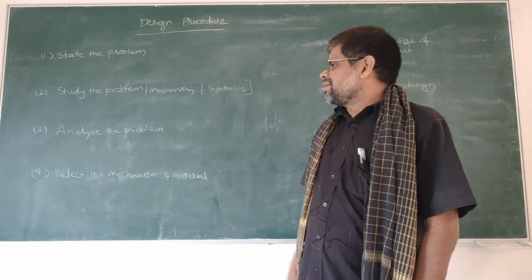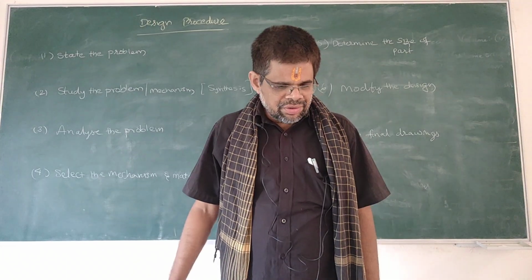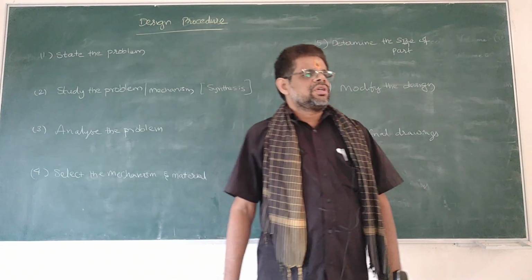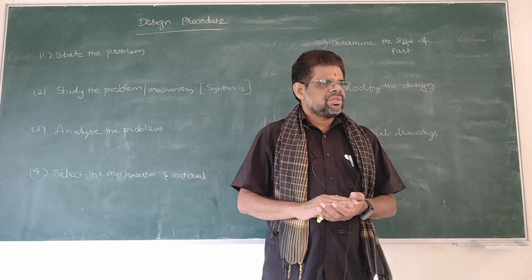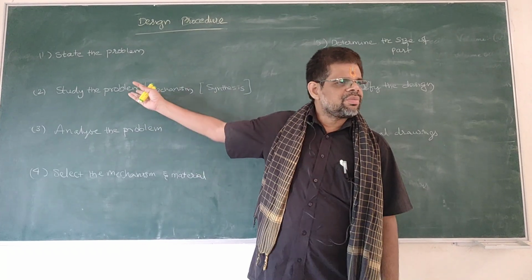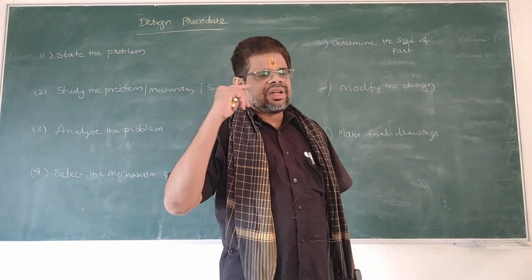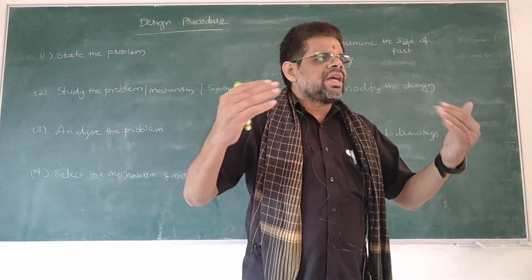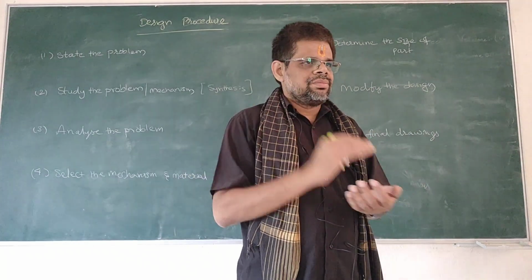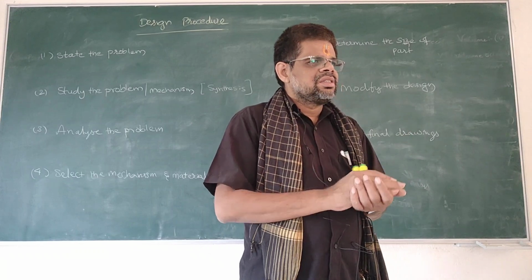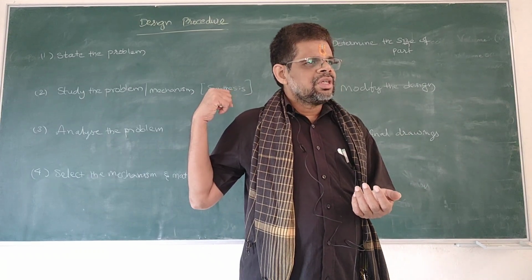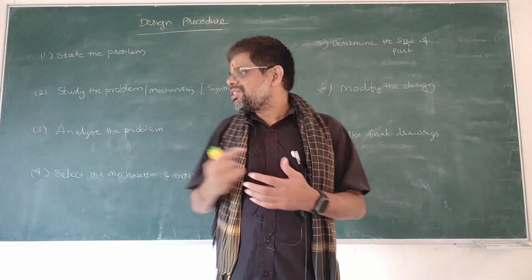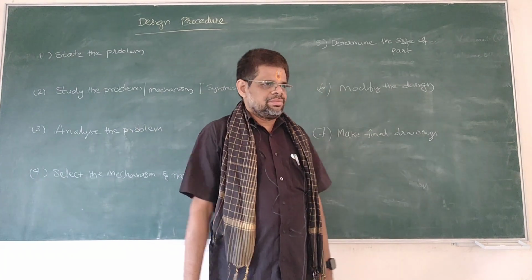Okay? And then you have to go for analyzing the problem. You have identified the problem in the first stage and you have studied the problem in the second stage. The third one is analyzing the problem. What has to be done to overcome the problem? Brainstorming should be done in this case. That is analyzing the problem.